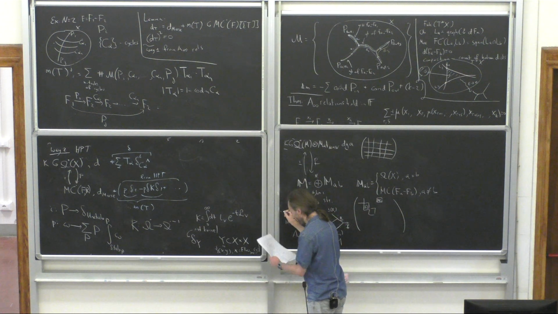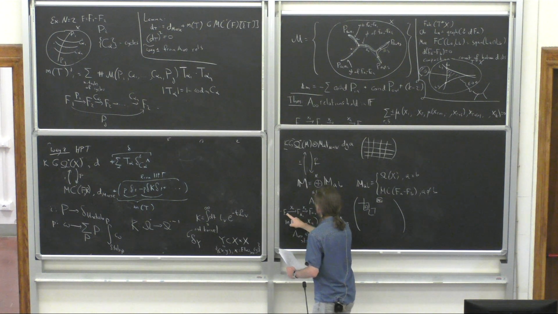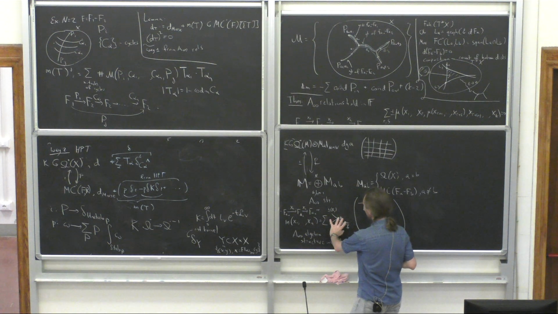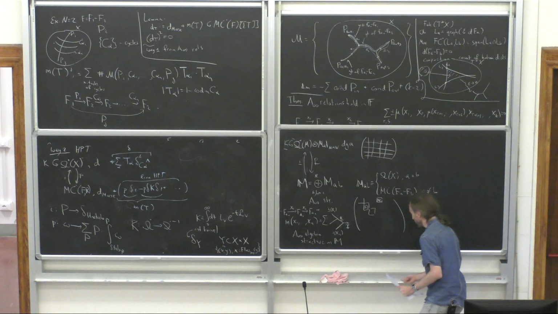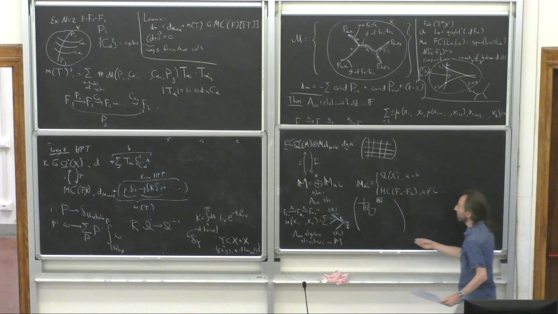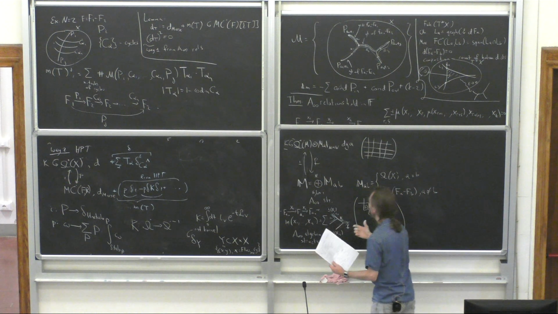So I want x1 to be from some color A0 to A1, x2 from A1 to the next color, and so on. So I want this selection rule that the output of x1 is the input of x2, and so on. Only under this selection rule, these trees will be non-zero. This corresponds to the fact that there is a secret ribbon structure here, that I should put A0, A1, and so on. So this is the data of the Fukaya-Morse category packaged as an A infinity algebra.